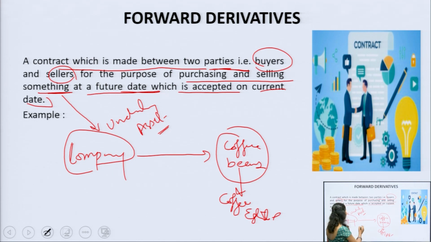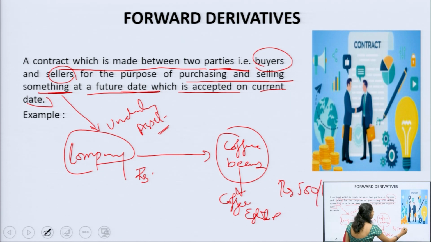Otherwise, if that company did not make any kind of contract with that person, it would not be flexible with respect to the conditions applied and the flexibility of the prices. Suppose that coffee bean price is rupees 500 per kg, and the coffee beans are priced at this particular rate.